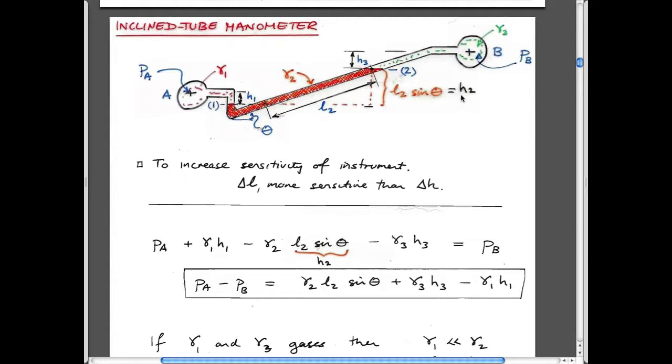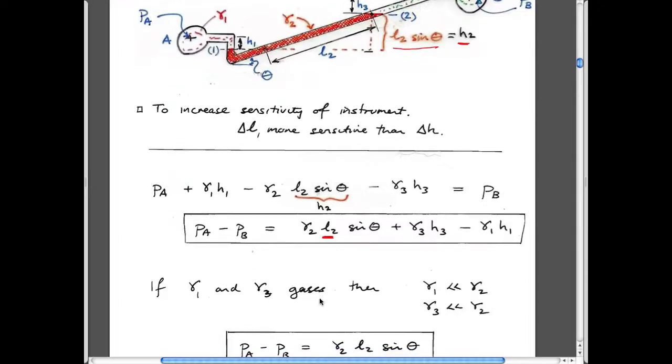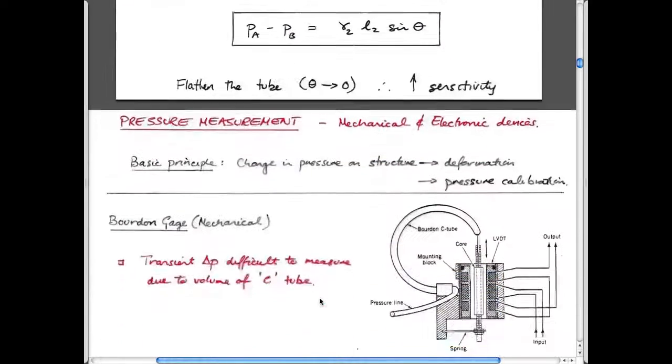So this delta H, if you write it as a length, you can measure along the tube and get a more sensitive reading. The flatter that tube is, the more sensitive the reading will be, because a small delta H will mean a big, long change in the length of the mercury in the tube. So that's one way to do it.